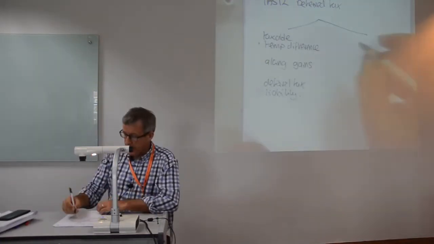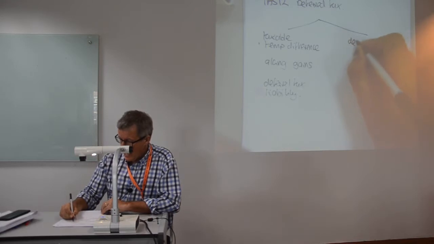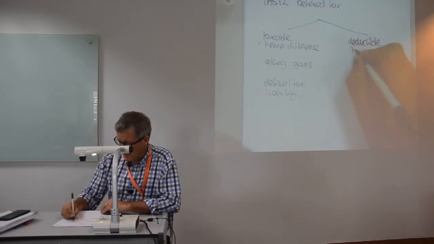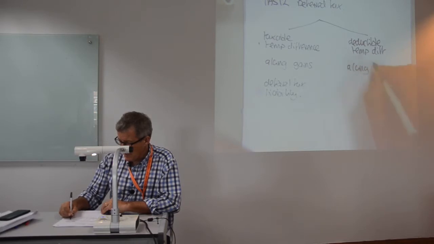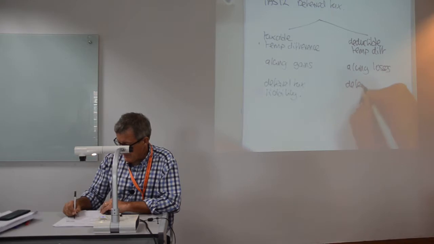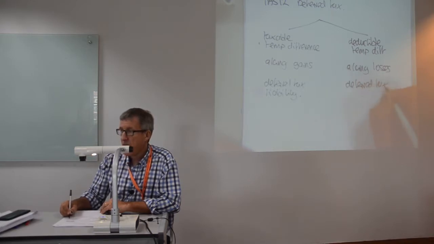And so the opposite is where the temporary differences are deductible temporary differences, and deductible temporary differences tend to revolve around accounting losses, and they create a deferred tax asset.